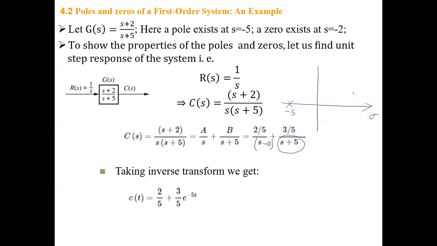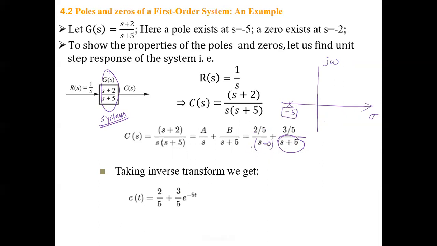This is sigma, this is j omega. Similarly, this is the pole of the system. Where does this S plus 5 come from? S plus 5 comes from G of S, and G of S is the system. That's why this 5 is called the pole of the system.